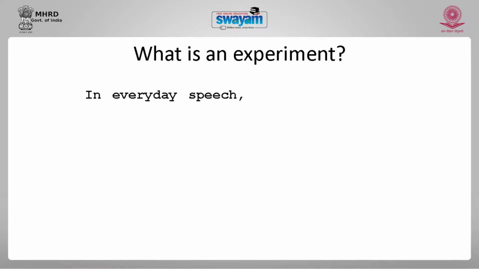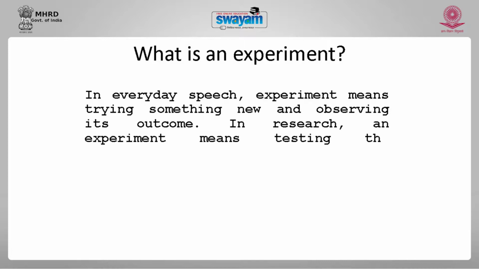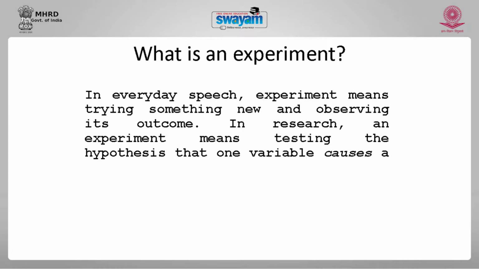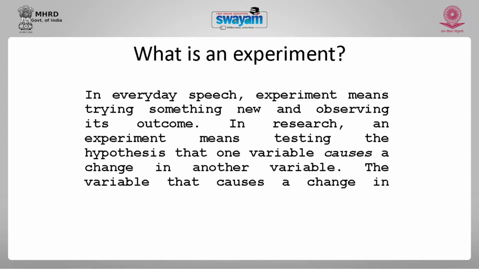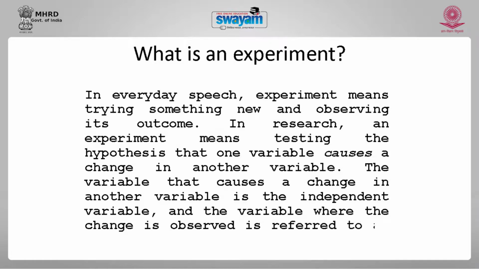In everyday speech, experiment means trying something new and observing its outcome. In research, an experiment means testing the hypothesis that one variable causes a change in another variable. The variable that causes a change in another variable is the independent variable, and the variable where the change is observed is referred to as the dependent variable.